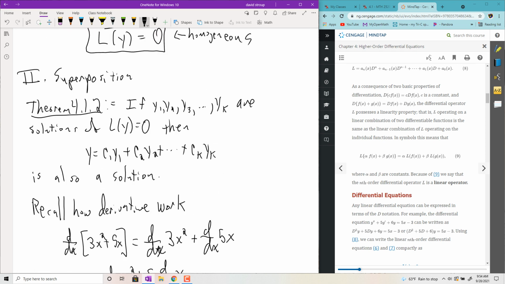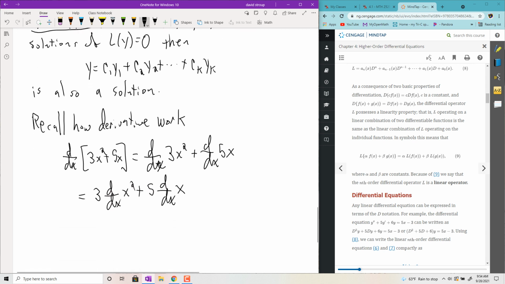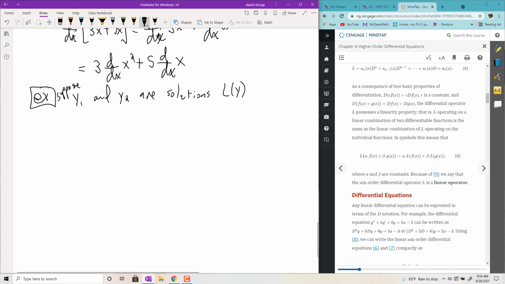So if you know these are solutions, let's say for example, suppose y1 and y2 are solutions of L of y, then you can consider L of c1 y1 plus c2 y2, because this L thing is just a huge derivative thing.